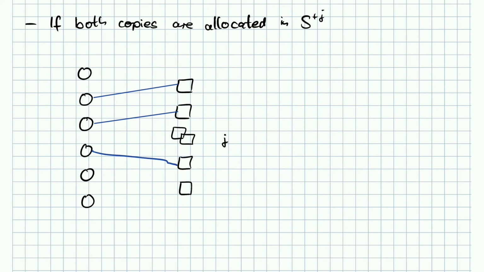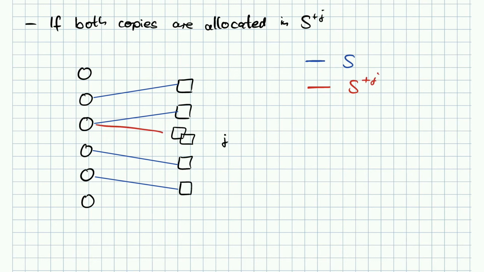They are using these items, they're getting these items. And now let's consider allocation S plus j.